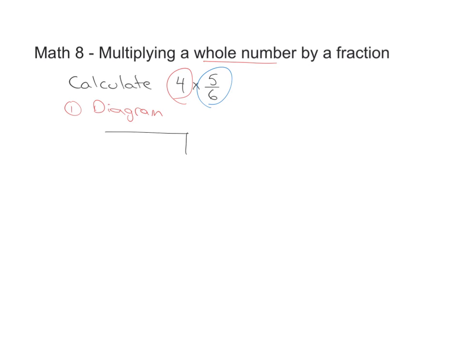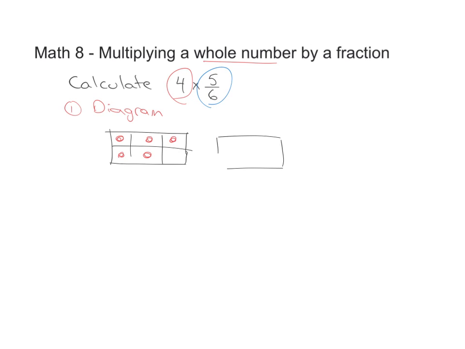The first thing we're going to do is model 5/6. So 1, 2, 3, 4, 5, 6, and we've got 5 of the 6. Now, when we multiply by 4, basically what we're saying is we've got 4 of these things.